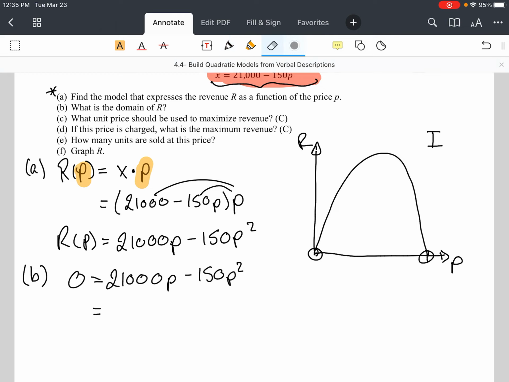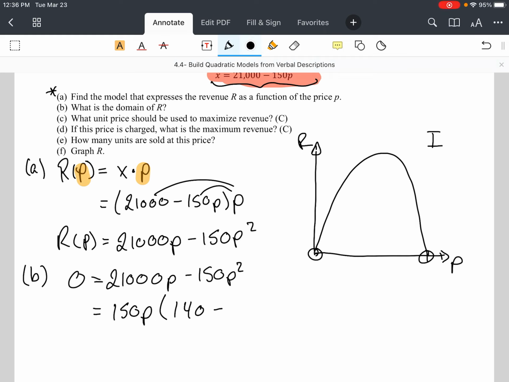So we can pull out, sorry guys, 150p. Oh, yeah, 150p.